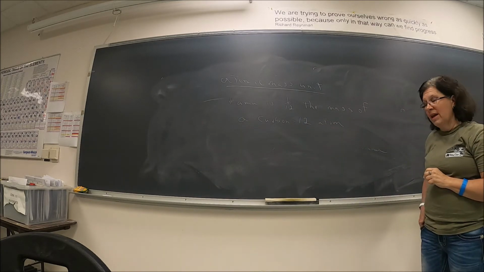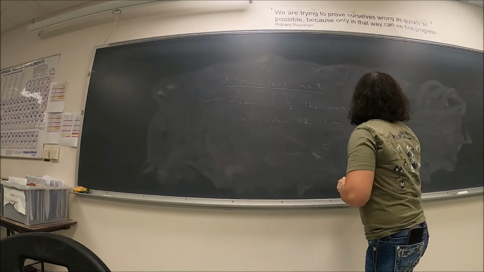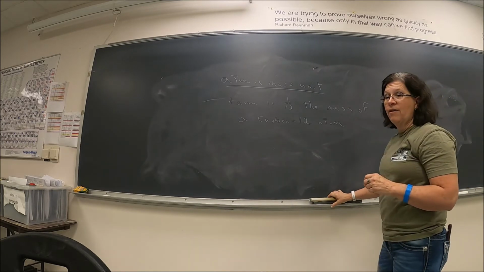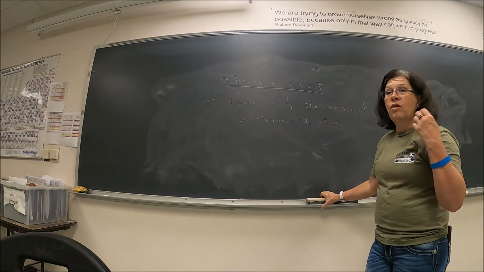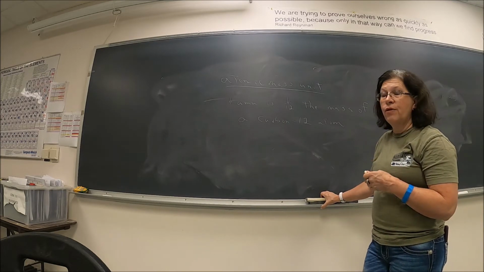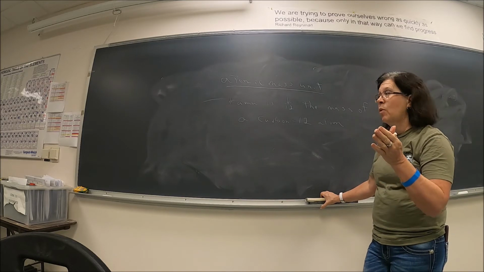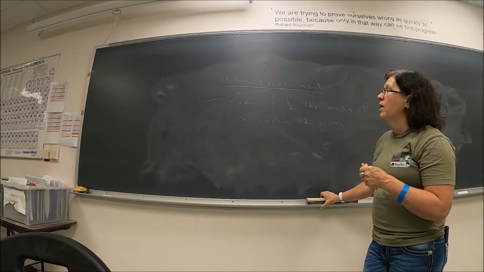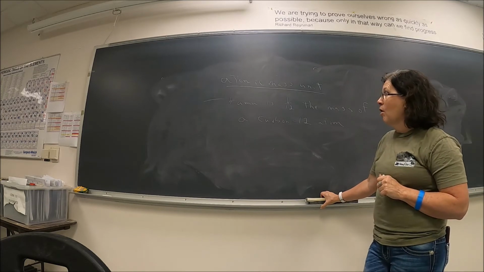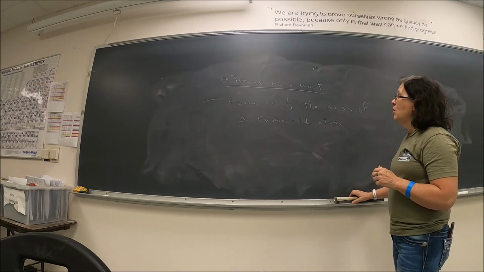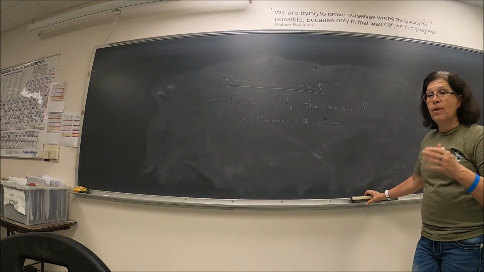Carbon 12 is called the atomic standard. Okay, and that's because it's very, very stable and it's very, very common. So they shoot a carbon 12 through the mass spectrometer. They see where it diverts when it goes through the machine, and then they look at where everything else diverts relative to carbon 12. So 1 AMU is 1/12 the mass of a carbon 12 atom.